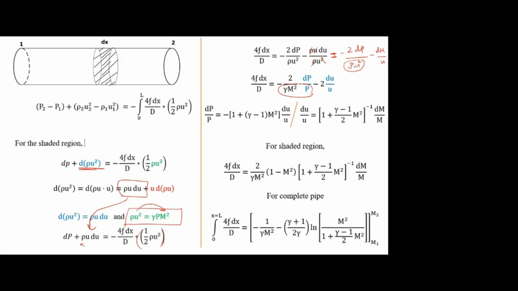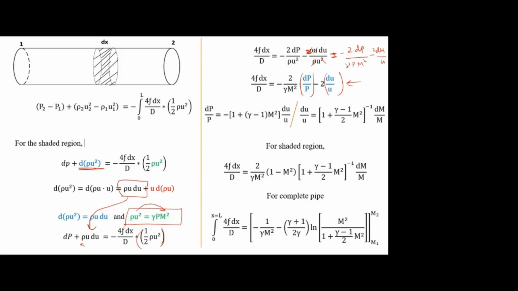Then they are rewriting it as minus 2 divided by gamma M square dp by p minus, oh, a 2 is there here, sorry, minus 2 du by u. Here I missed the 2, sorry. So like that they are writing the 4f dx by D equation for the shaded region. Is that clear?